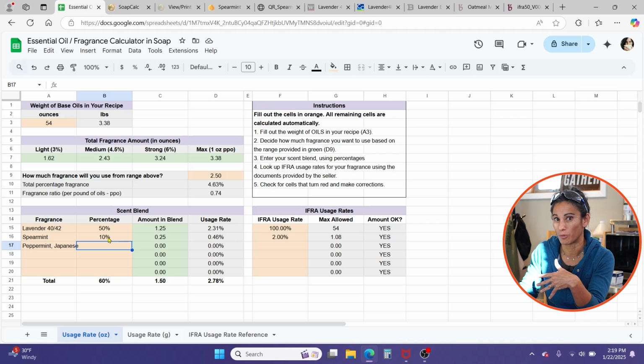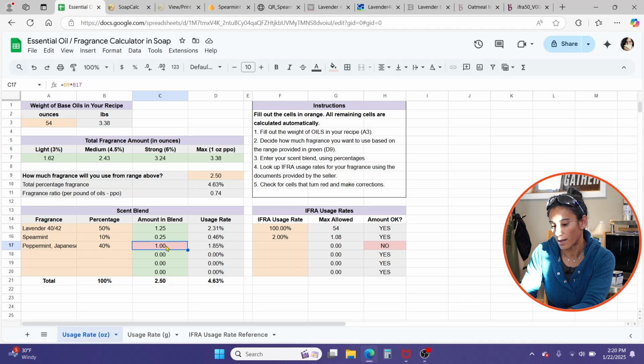And we used to use a lot more lemongrass in some of our soaps. And so that one was kind of disappointing. But in a lot of cases, like clove and cinnamon and spearmint, the usage rate actually lines up with how much you'd want to put in your soap anyway. All right, so let's say this is my new blend, 50, 10, 40. And this, I think, would be a really nice blend.